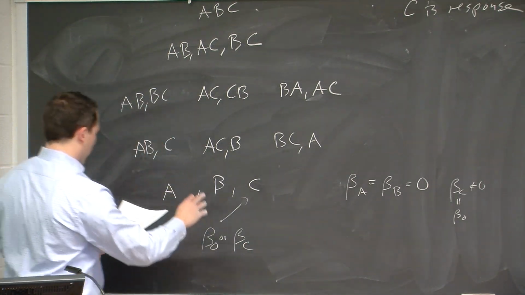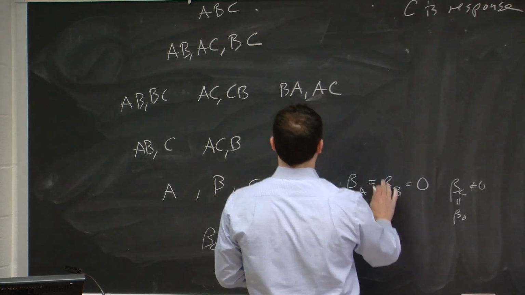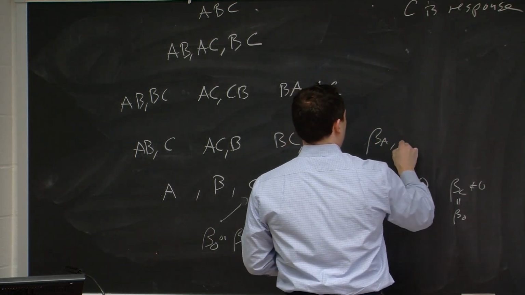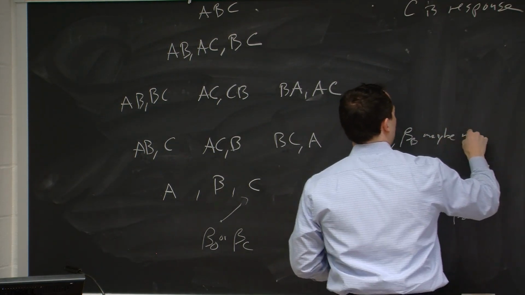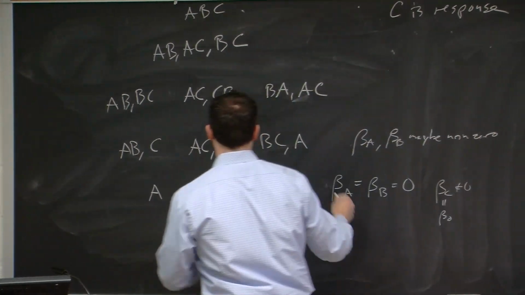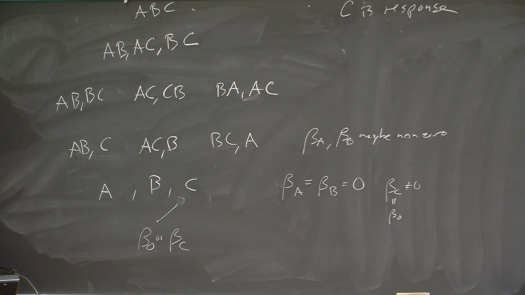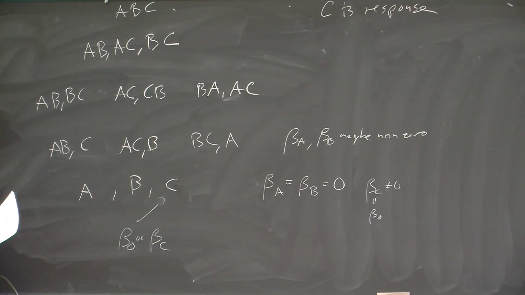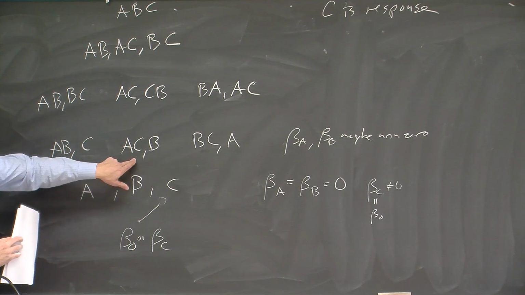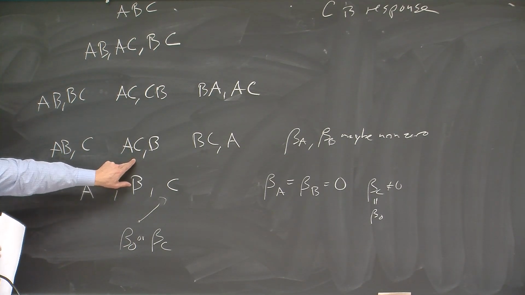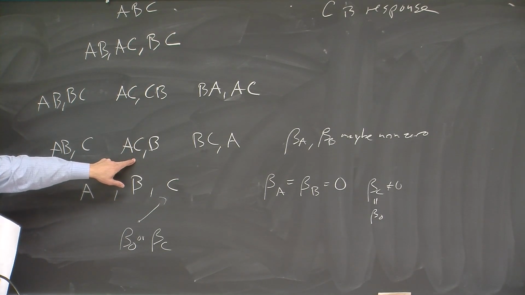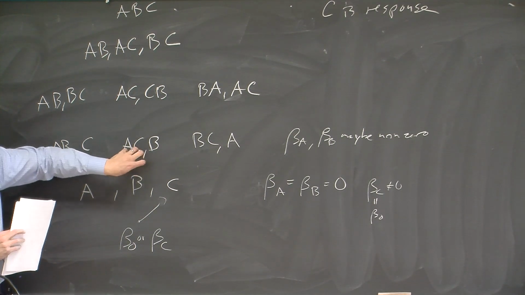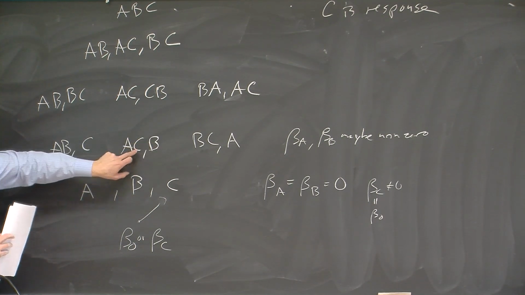So in this one, now beta A and beta B may be non-zero. That can happen at this level, right? So how about this one? Which new coefficient am I allowing to be non-zero? A and C are allowed to depend on each other. They're independent of B. C is what we care about.